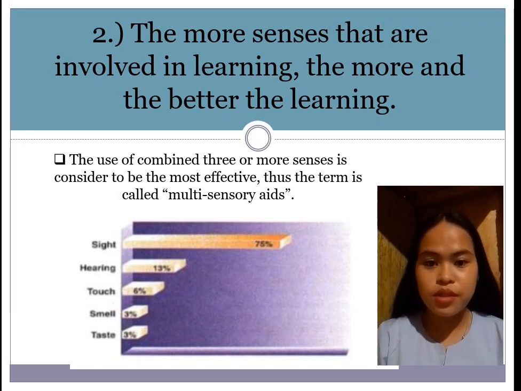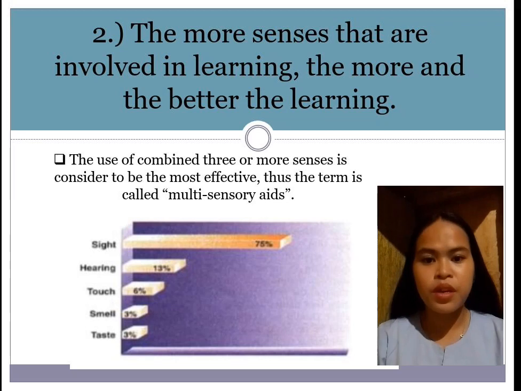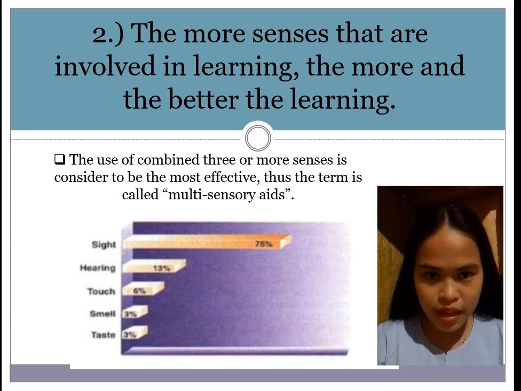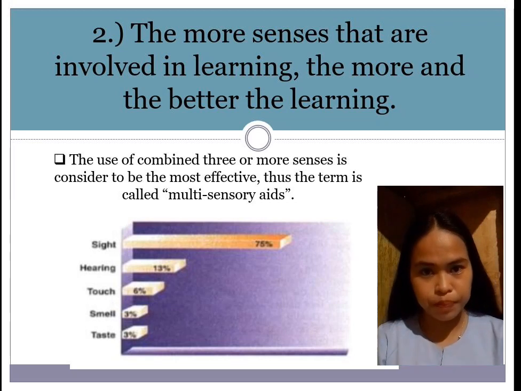As you can see on the screen, the graph below shows the contribution of the five senses to learning. You can see sight with 75%, hearing 13%, touch 6%, together with smell and taste at 3%. That is according to the contribution of the senses to learning.